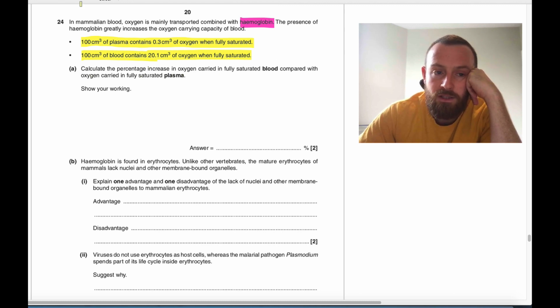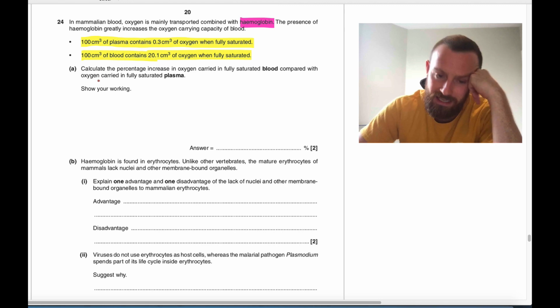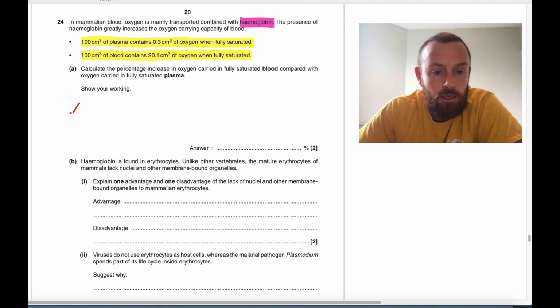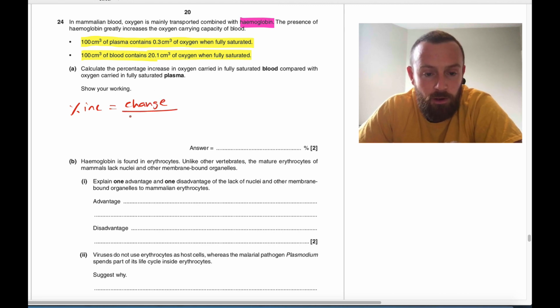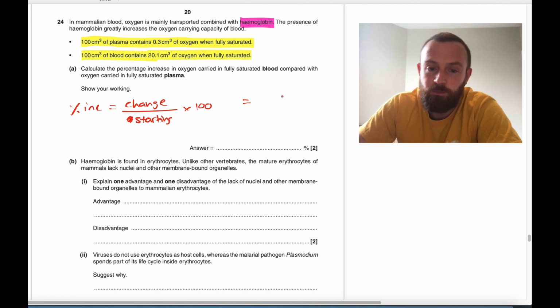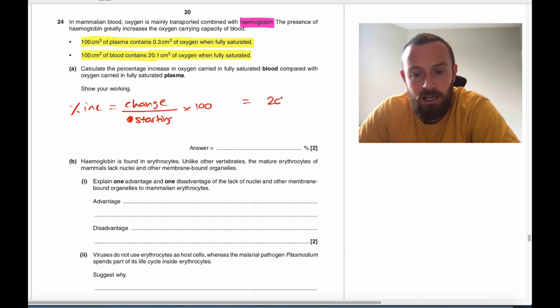Calculate the percentage increase in oxygen carried in fully saturated blood compared with oxygen carried in fully saturated plasma. So remember, percentage increase is equal to the change, very, very important, divided by the starting value, times 100 to make it a percent, okay? So what's the change? The change is 20.1 minus the starting value of 0.3.